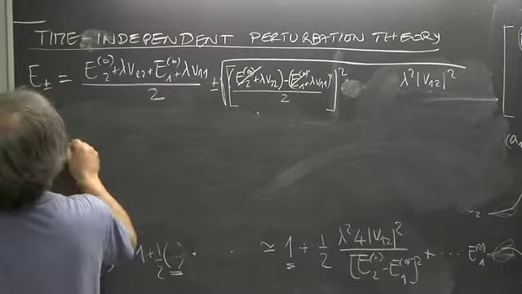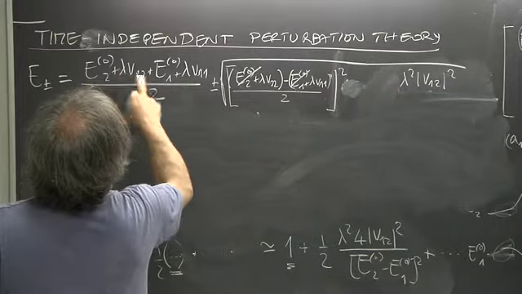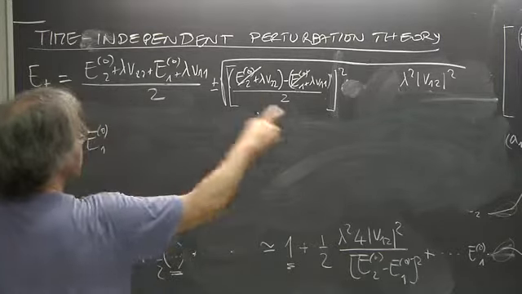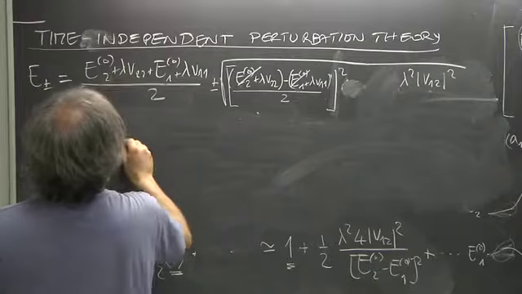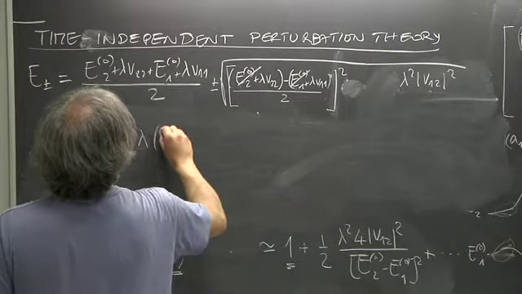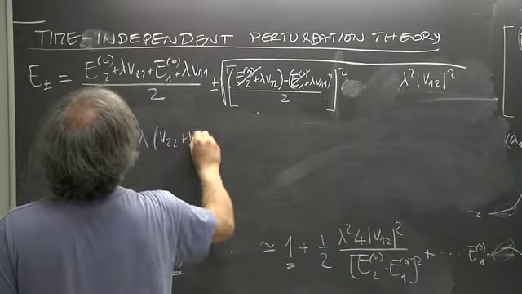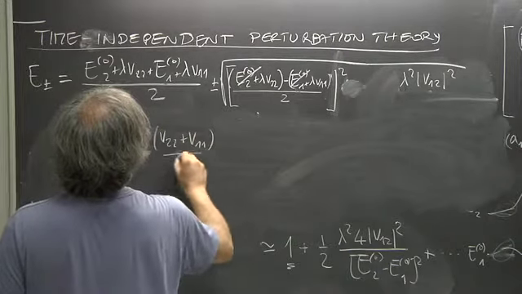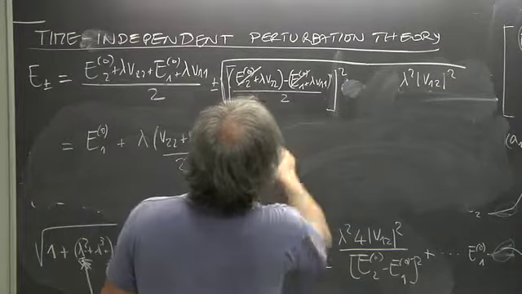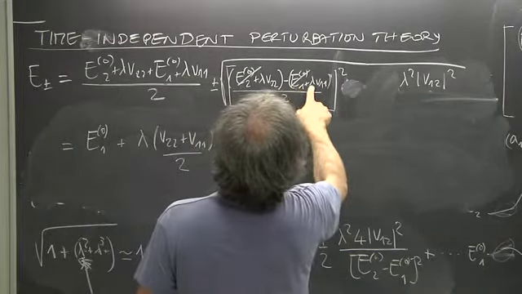So this is equal to E0 plus E1 over 2, so E0,1, the single eigenvalue, plus lambda times (V22 plus V11) over 2, plus or minus. You see that now lambda is in front of everything.